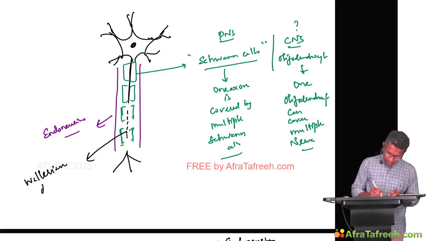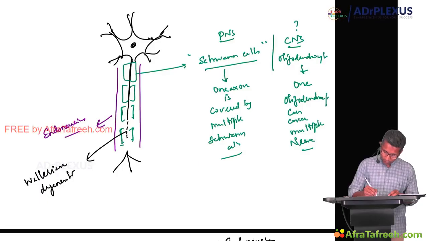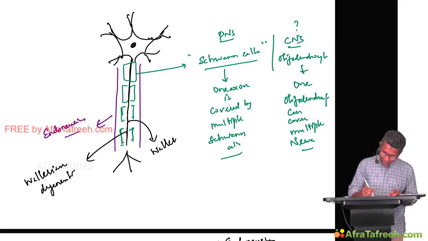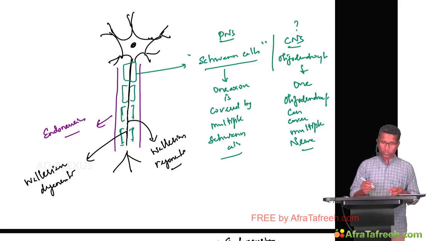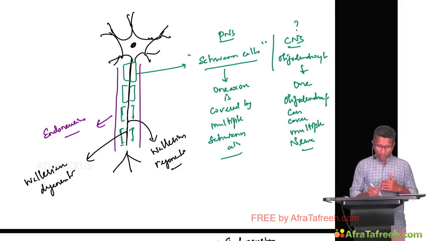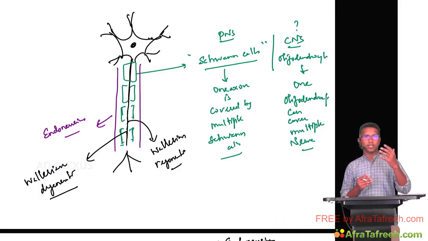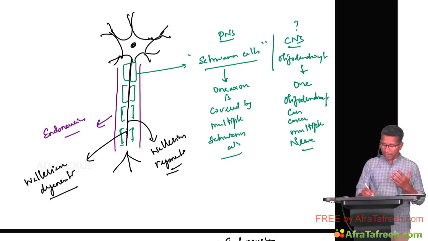After Wallerian degeneration happens, the nerve is newly formed by a process called Wallerian regeneration. So after the axon is cut, the part distal to the cut portion dies off. That is called Wallerian degeneration. After the distal portion dies off, the nerve newly forms. That new formation of the nerve is called Wallerian regeneration.